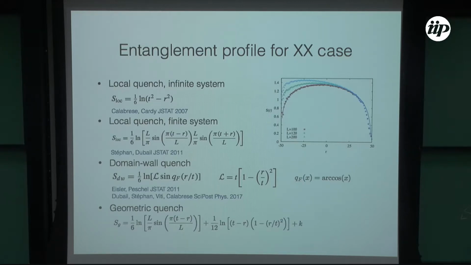But then in 2017, Jérôme, Jean-Marie, Jacopo, and Pasquale came up with a beautiful description of the problem. Essentially, you can understand the problem as sort of a CFT in a curved background. So you have to consider a curved metric for the CFT.